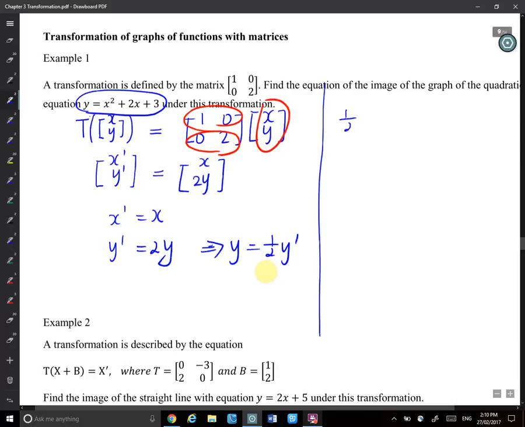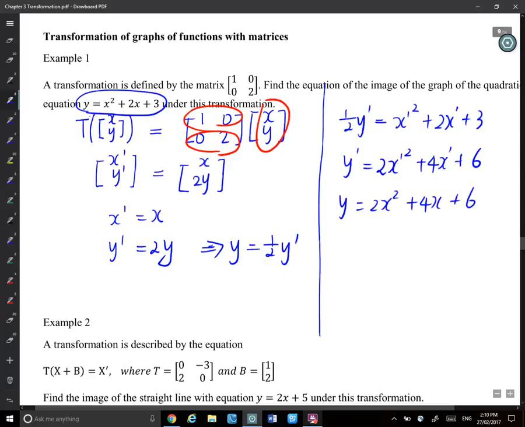A half y dash equals x dash squared plus 2x dash plus 3. So y dash will equal 2x dash squared plus 4x dash plus 6. So y equals 2x squared plus 4x plus 6.